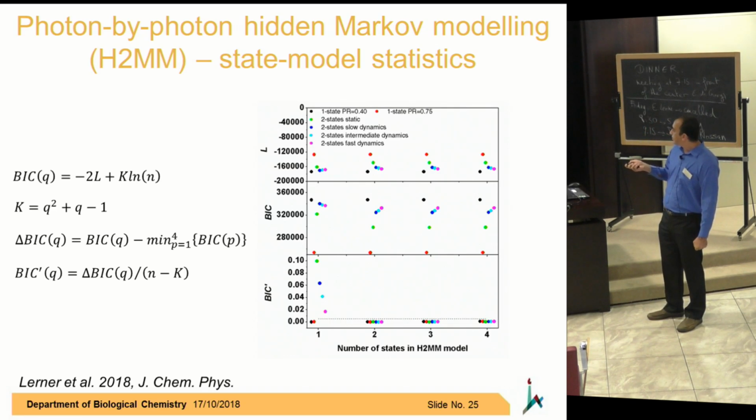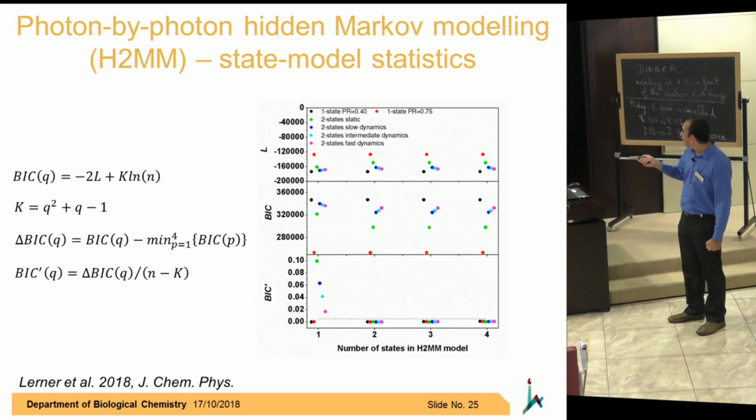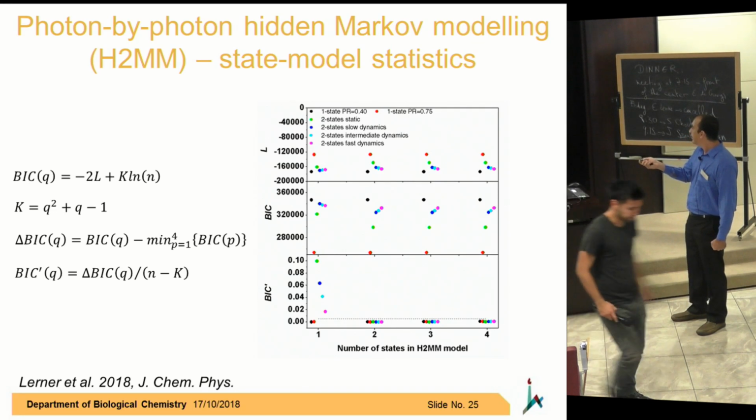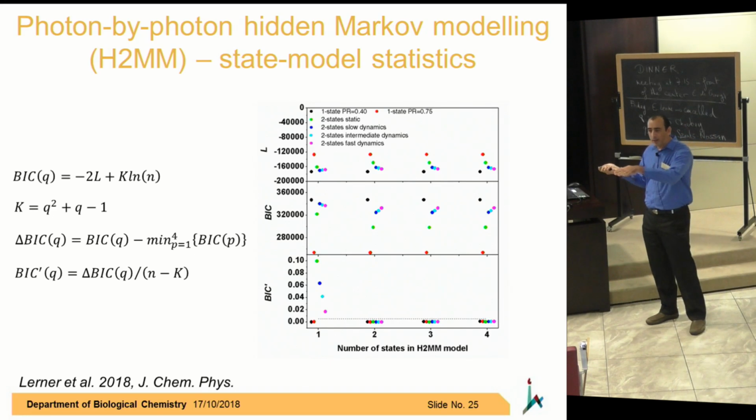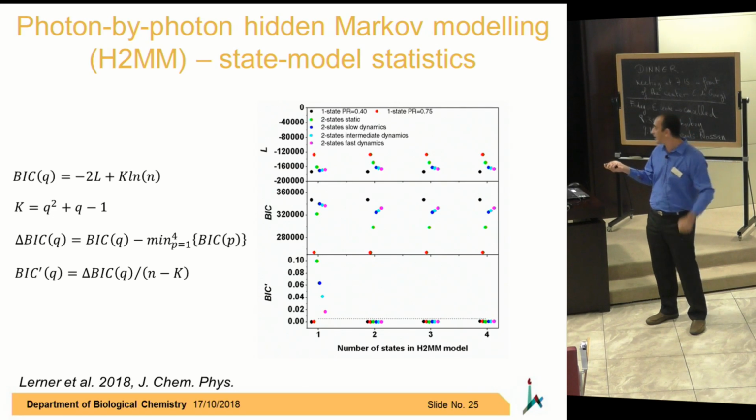And what I did is basically I took this delta BIC and normalized it to the number of free parameters, the degrees of freedom. And what I saw is that while different measurements, or here, different simulations, produced different values, I really want to have a standardized cap on which is conceivably statistically meaningful and which is not.